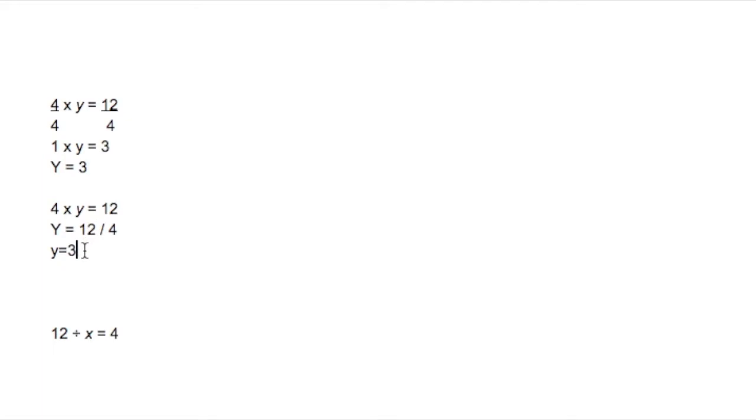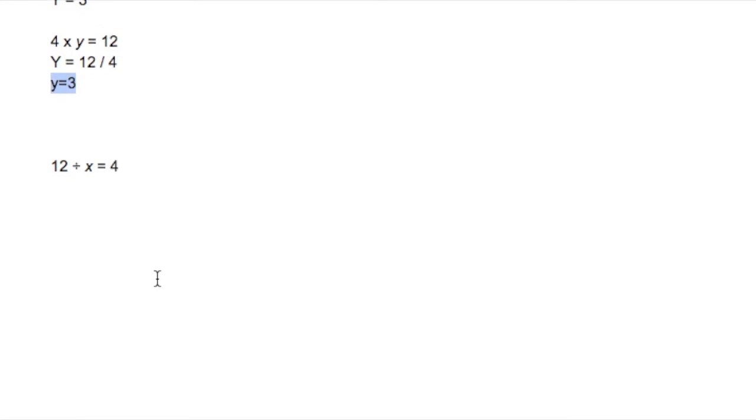Now both of these methods work well, but they can't both always be used when solving a division problem. If we take that second method I just showed you for multiplication, and we look at this 12 and we say, oh, well, the inverse operation of division is multiplication, so I'm just going to multiply 4 by 12. And what I get out of that is a product of 48.